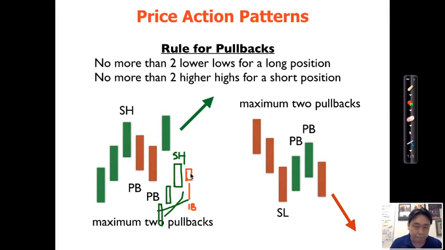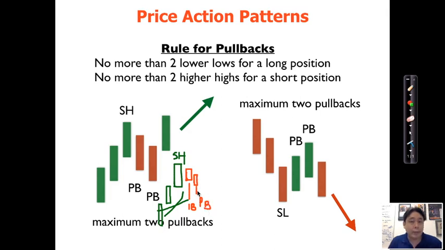Now, the next day, what if we get a pullback like so? This is a pullback candle because it makes a lower high and a lower low relative to this candle. So we're no longer taking the relative context from the swing high. We always take the relative context from the previous candle. So this candle is a pullback candle.